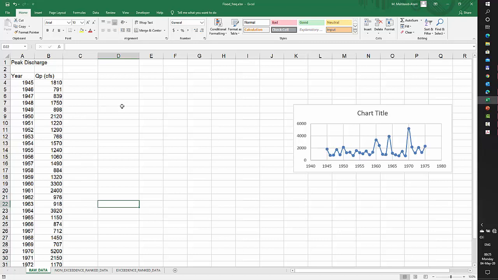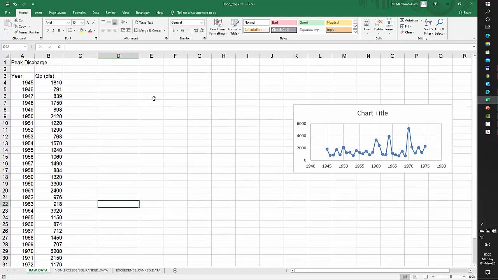It can be daily discharge value that you can be looking at, and regardless of what kind of data you have, the method obviously is the same. You just look at the data, and then you try to plot the histogram or the frequency of the data.